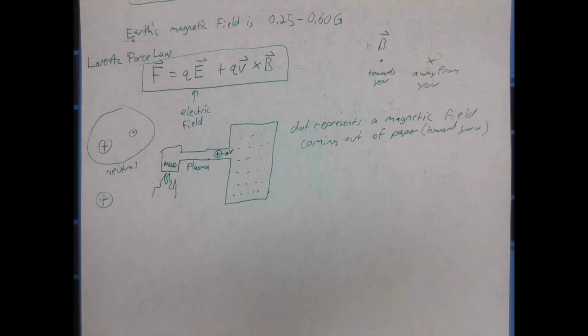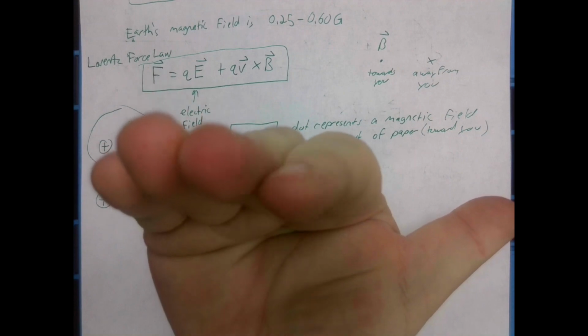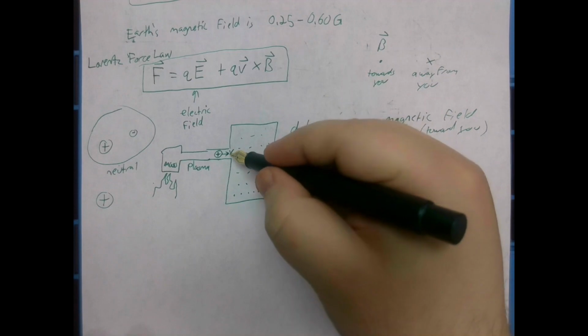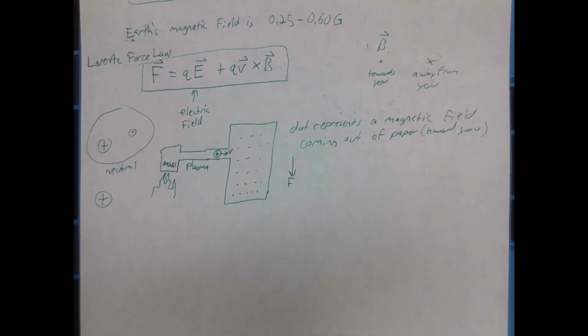Right hand rule: point your thumb in the direction of the velocity, your fingers in the direction of the magnetic field, and your palm would point in the direction of the force. So thumb to the right, fingers out toward the camera, my palm is pointing downward. That means it's going to have a net force pointing downward.